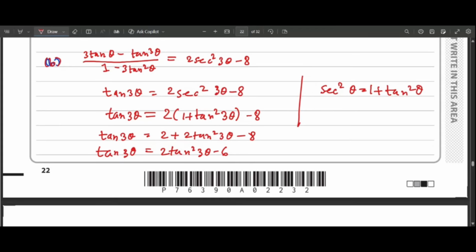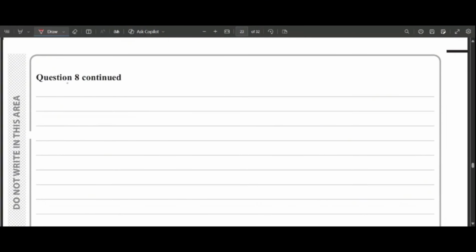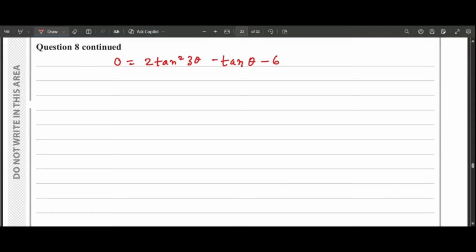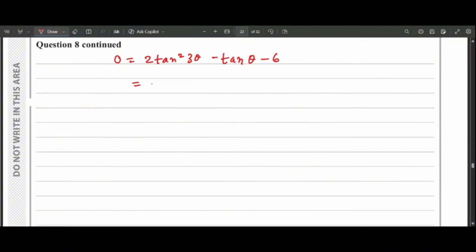Now, bringing all the expressions to one side will give us 0 equals 2 tan square 3 theta minus tan 3 theta minus 6. Before solving, we can notice that this is in the form of a quadratic equation.